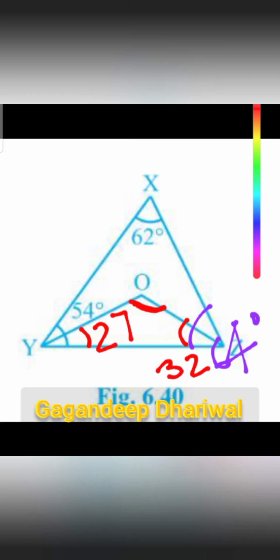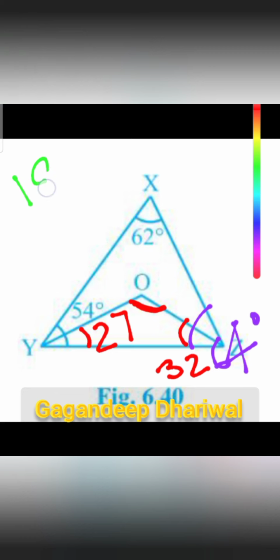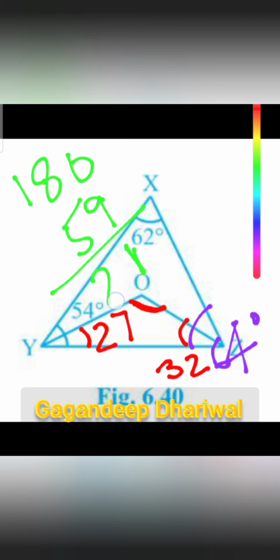So 27 plus 32, this is 59, and subtract this from 180, you will get 121. Okay, how much? 121. 121 degrees is the answer of this question.